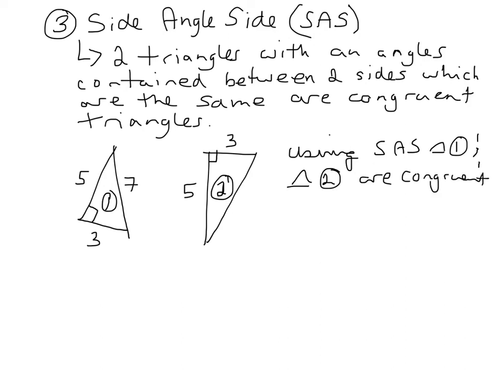And I can also say for sure that therefore this side has to be 7. Because, well, it's 7 on this triangle, it's got to be 7 on this triangle too if these two triangles are congruent.